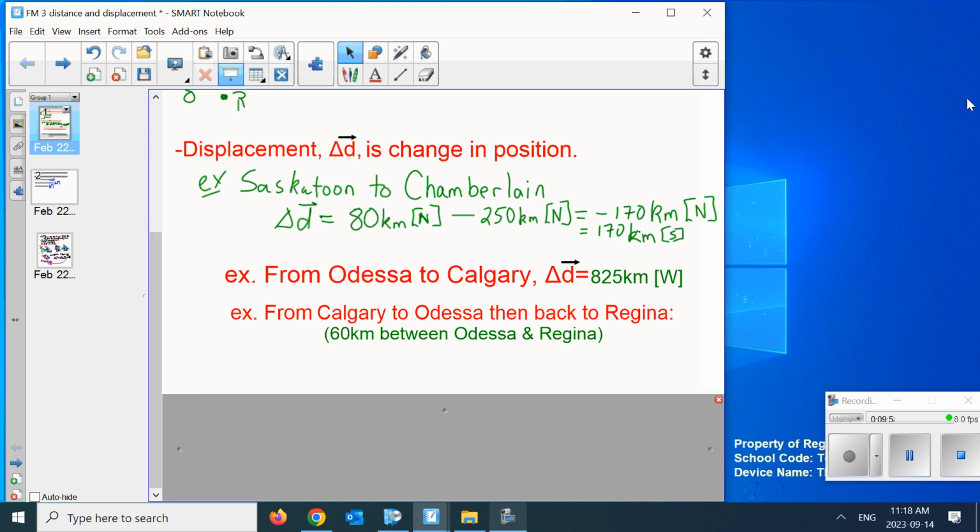Okay, let's get this. The displacement, displacement in this situation. From Calgary to Odessa. So I'm going to go with Calgary.